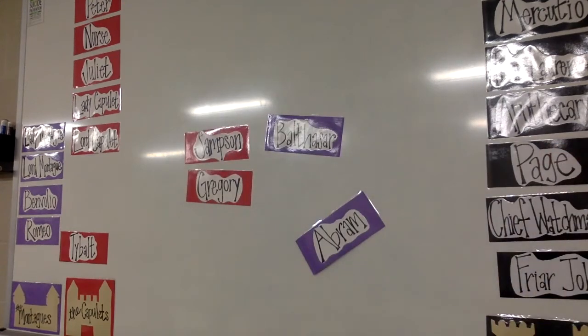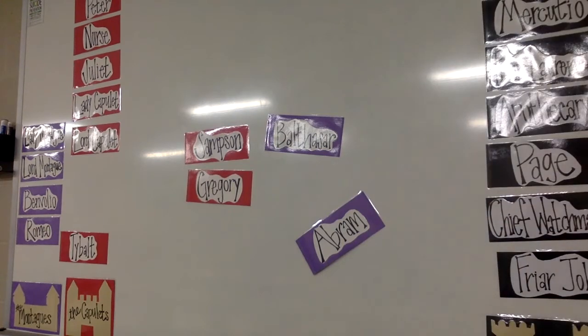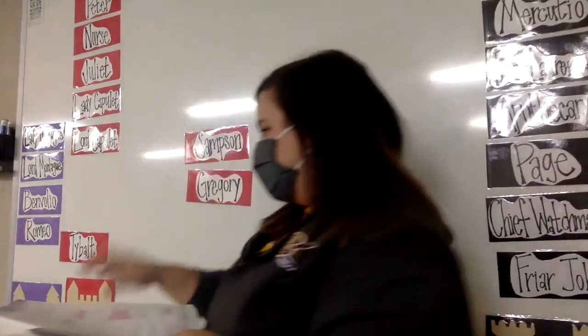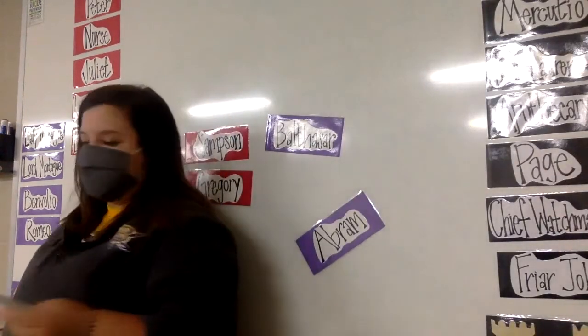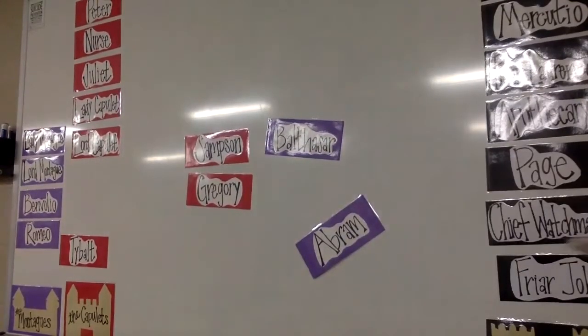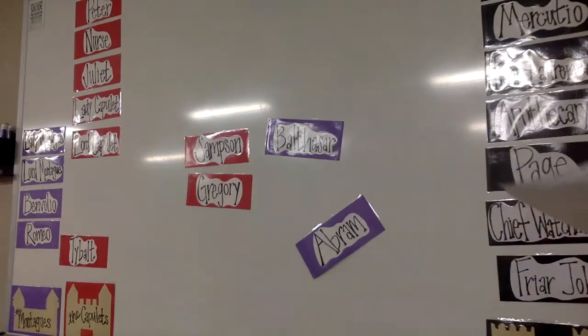So Samson then in line 47 says, I serve as good a man as you. So now they're talking about who their masters are, right? So the Lord Capulet and Lord Montague. Samson says, I serve as good a man as you. Abram says, no better, right? They're equals.